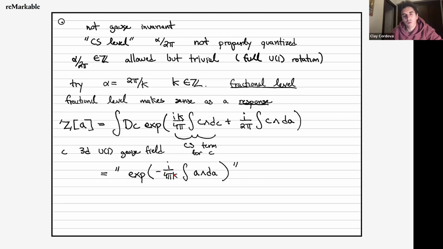And so somehow what that means is that this is kind of what you might try to mean by fractional level. Right. And when is this not true? It's not true if the three manifold that you do the functional integral on is more interesting. It's also not true if instead of just the naked partition function, I start inserting Wilson lines of C, non-trivial operators.